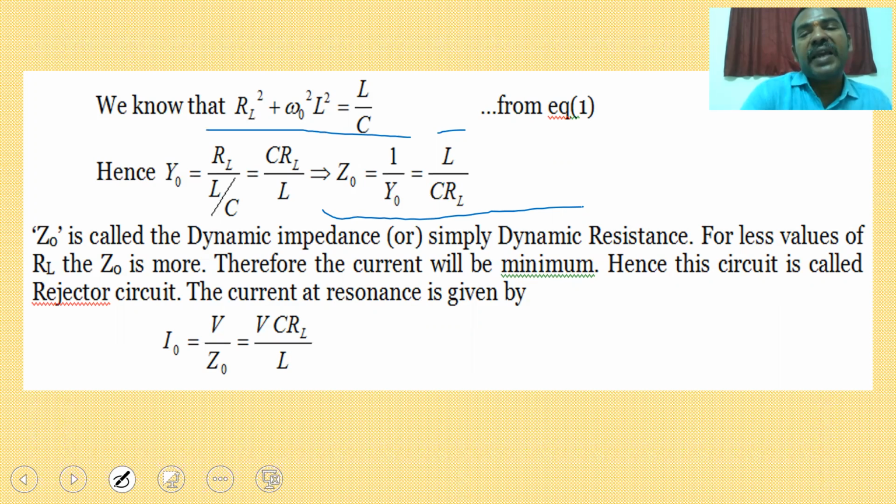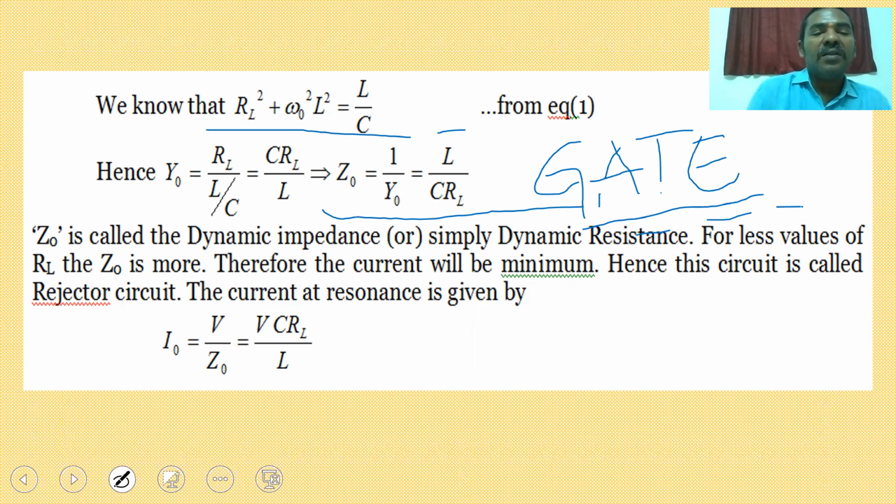In GATE they will ask practical circuits in most cases. So what is the dynamic resistance for a circuit with resistance, inductance, capacitance they can give. At that time you have to go for Z naught equal to L divided by C times RL.